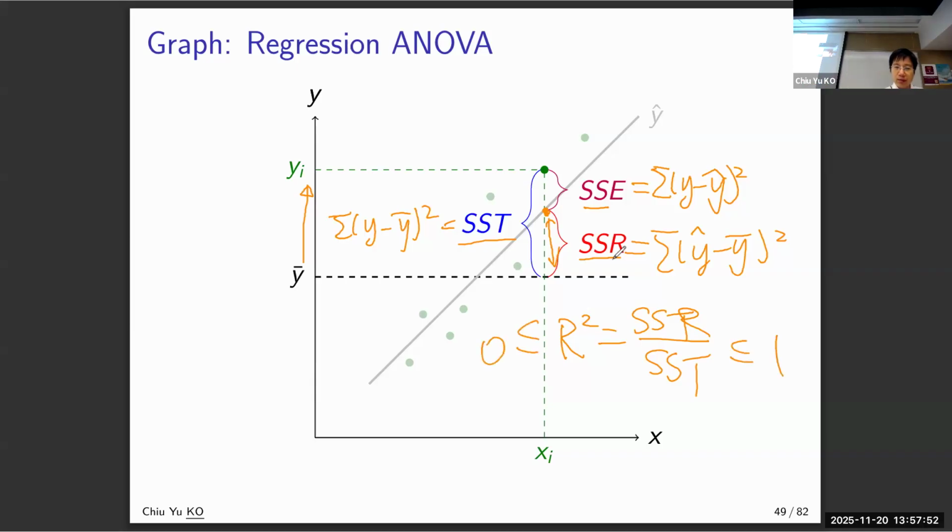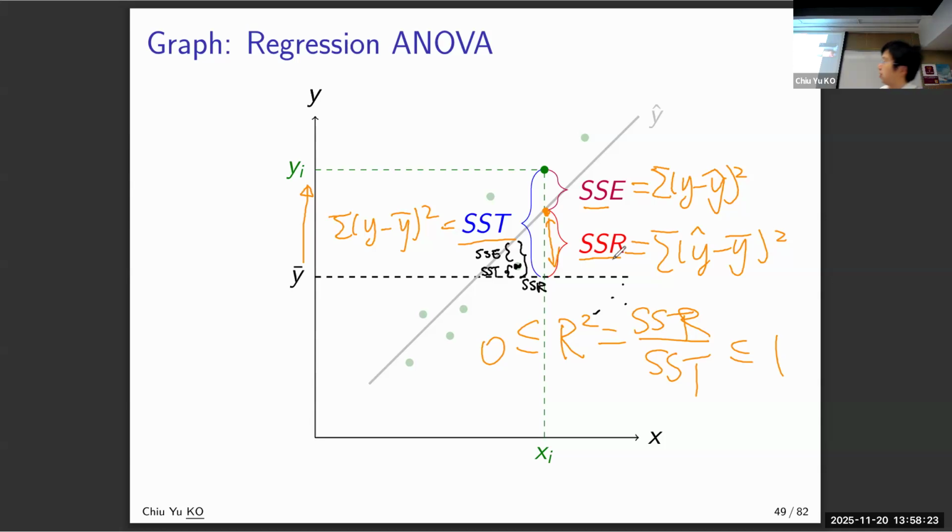And some of you asked me, what are the SST and SSR in your data? By construction, your SST is here, and SSR is here, but your SSE is here.